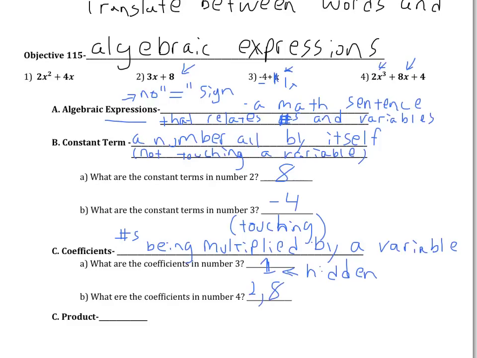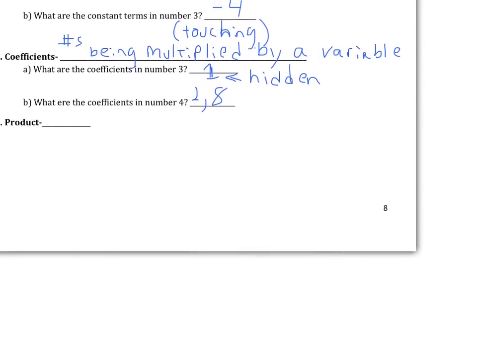Let me give you another one. Another one that I want to give you is 2x minus 5x squared. What are the coefficients in this one? Let's just abbreviate coef for coefficients. Well, what's in front of the variables or touching the variables?